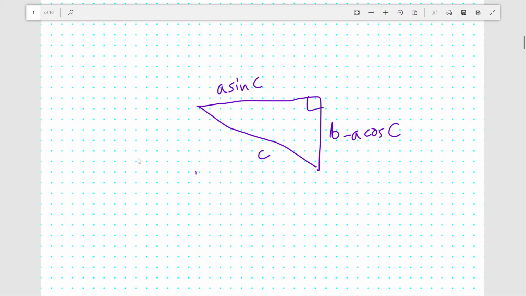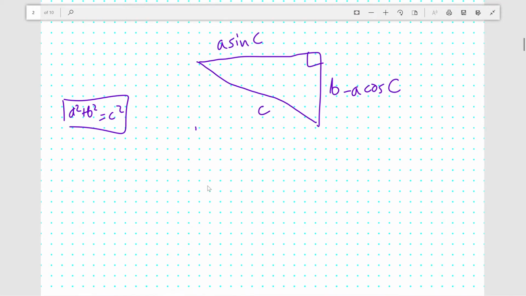Well, obviously from Pythagoras' theorem, a squared plus b squared is c squared. From this theorem, we can just square this and square this to find the square of this when we add it together. So c squared is (a sine C) squared plus (b minus a cosine C) squared.